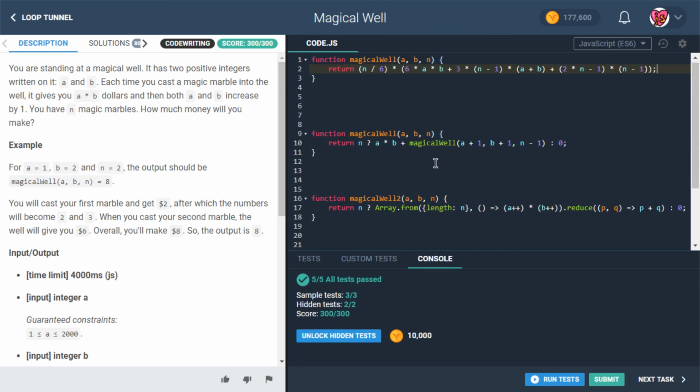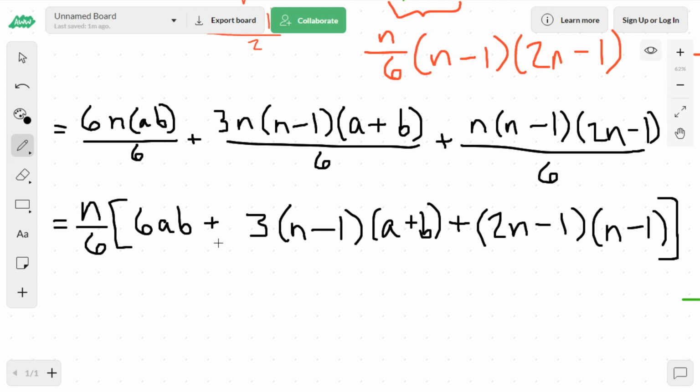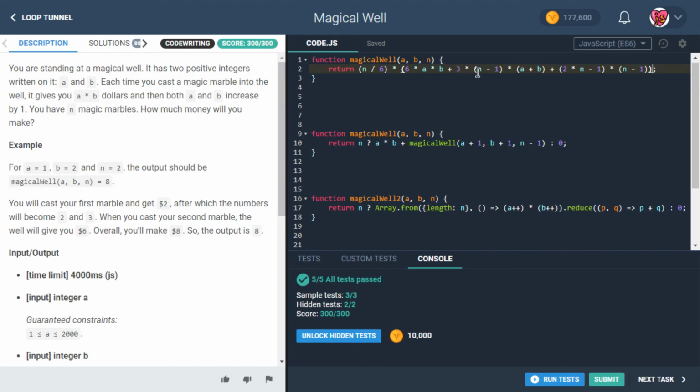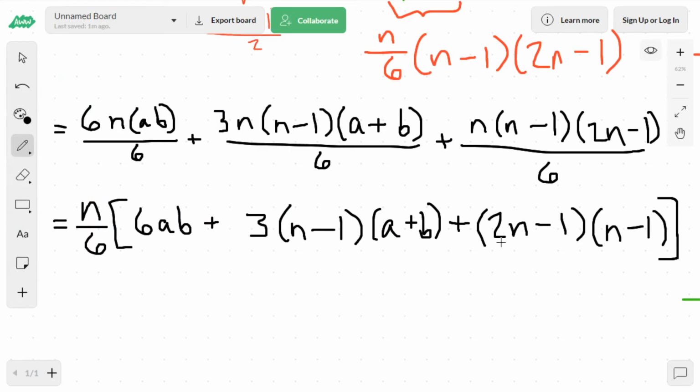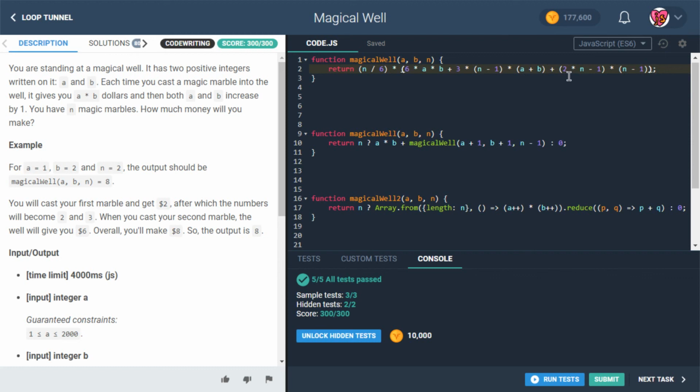Okay, is that right? Let's find out. 6ab, 3 times n minus 1 times a plus b, 3 times n minus 1 times a plus b, great. 2 times n minus 1 times n minus 1, great. And we need to switch this to a 3 so that it doesn't actually get executed, and let's give it a try.